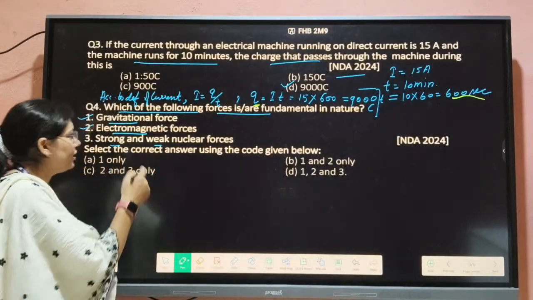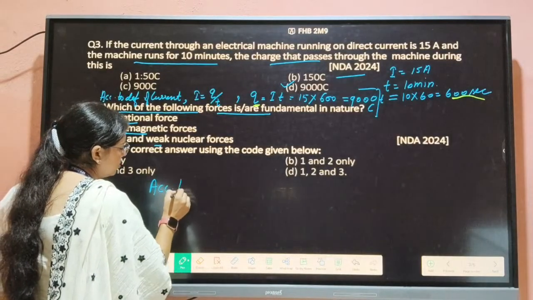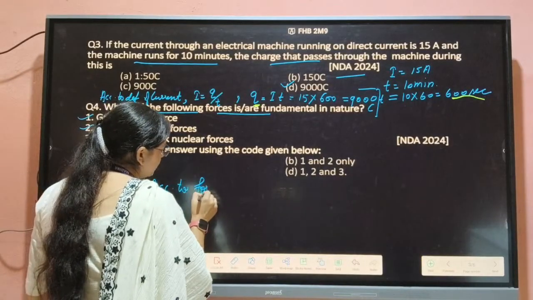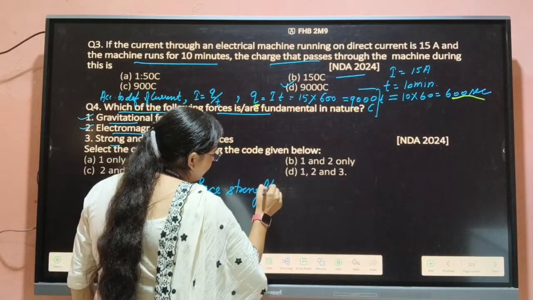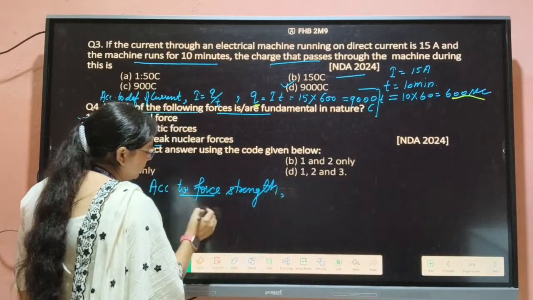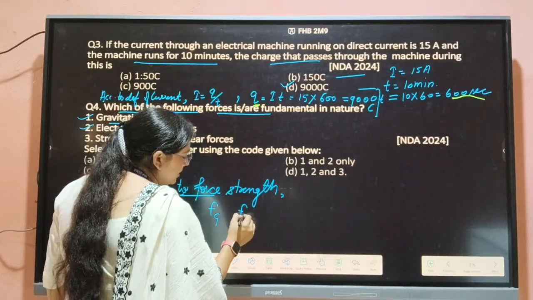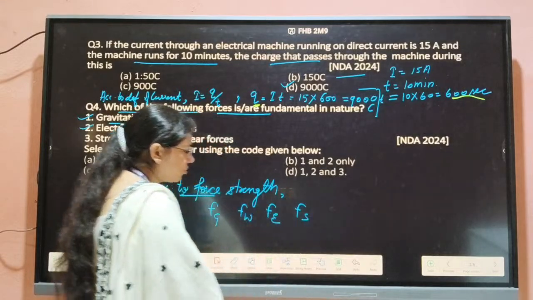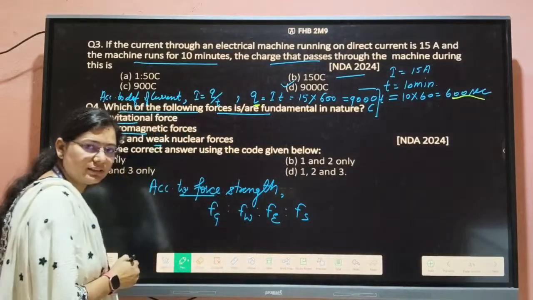Okay, if we divide these forces according to strength, we can say gravitation force, next the weak force, then the electrostatic force, then the strong force. We are dividing these according to strength.